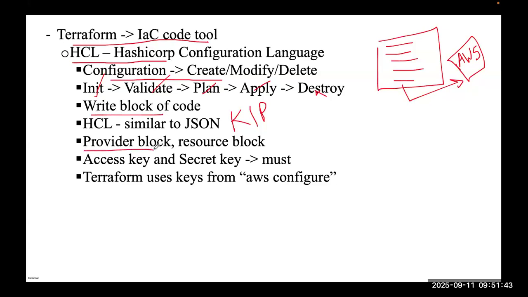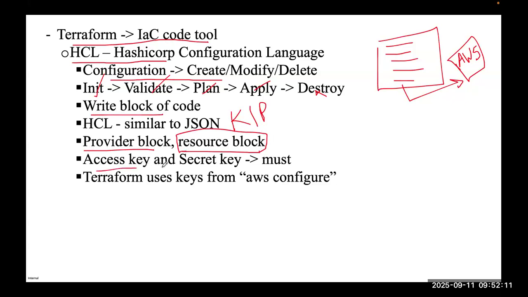Provider block, which tells you what is the provider that you are going to use. Is it AWS, Azure, or any other cloud? Resource block is the resource that you want to create, especially it is an EC2 instance, VPC, or S3 bucket. It could be anything, but you have to clearly mention what is the resource that you want to create, along with all the parameters that are required to create the resource.